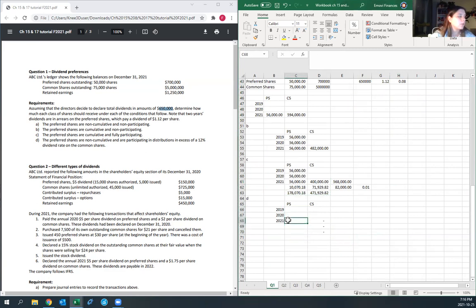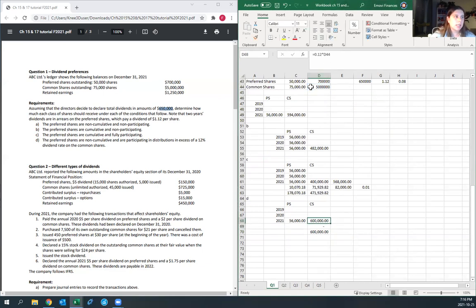They're non-cumulative, so they're getting their 50,000. And then the preferred shares can participate in excess of a 12% dividend rate. So you want to find what is 12% for the common shareholders. So 12% times their 5 million.